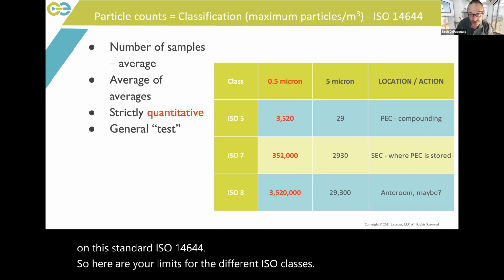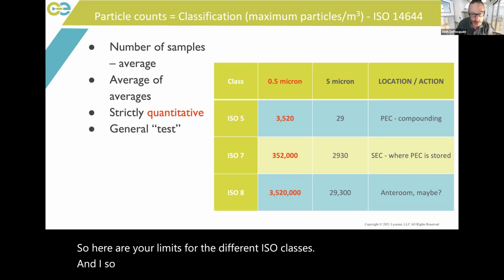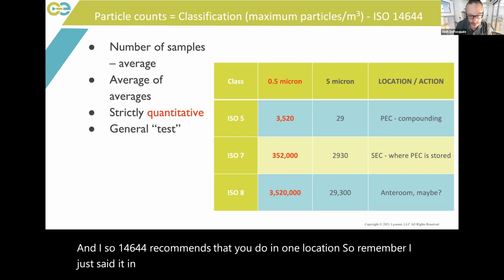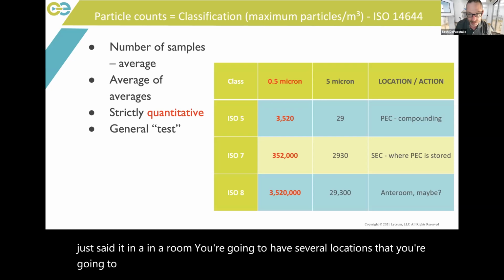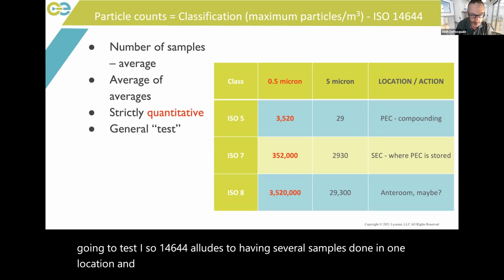And ISO 14644 recommends that you do several samples in one location. So remember, I just said in a room, you're going to have several locations that you're going to test. ISO 14644 alludes to having several samples done in one location and then taking the average of that sample.